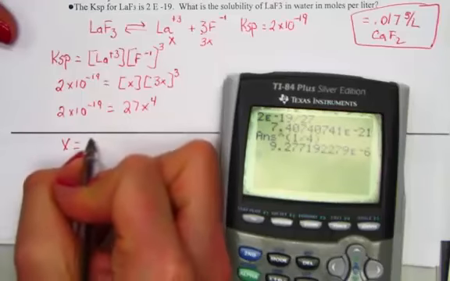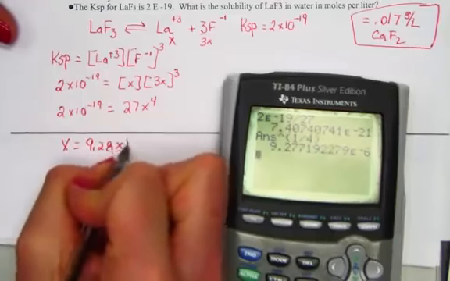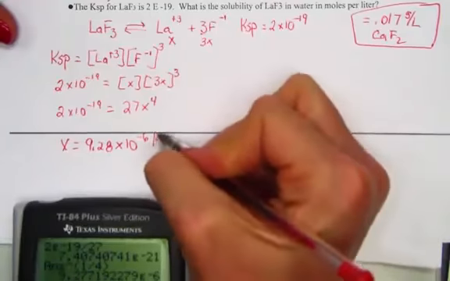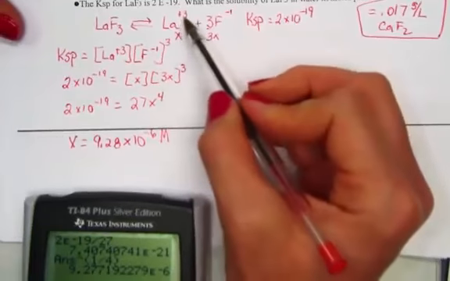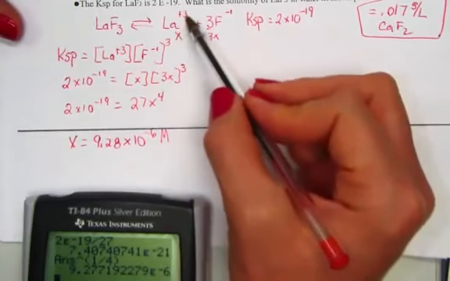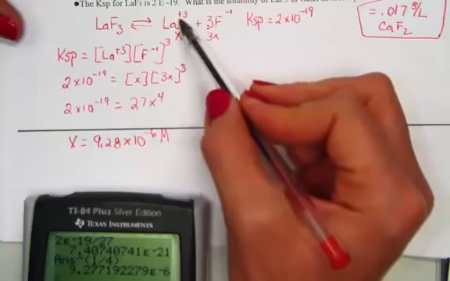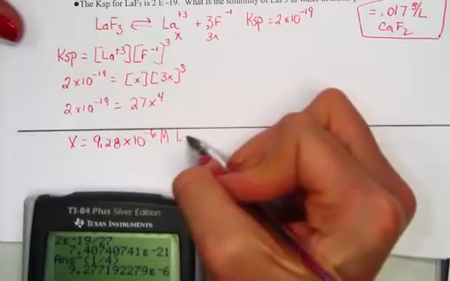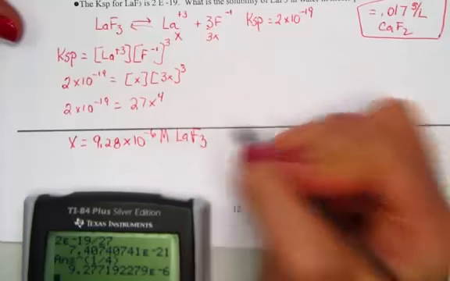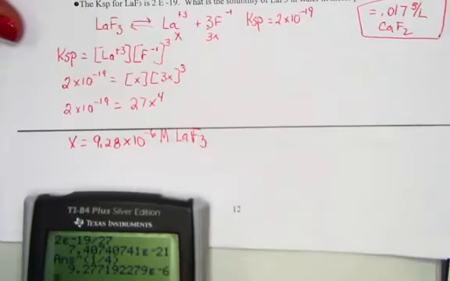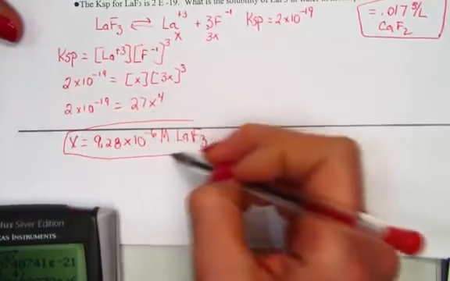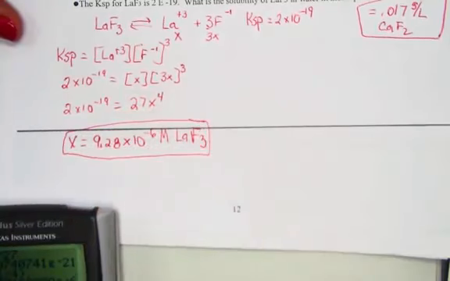And x is now being shown as 9.28 times 10 to the negative 6th molarity, big M. Those brackets are big M. And that's the lanthanum concentration. The x was given to La3+, but notice the stoichiometry is still 1 to 1. So this is also representing LaF3, the concentration of that original salt. It wanted it in moles per liter, and that's what molarity is, so there's the value that we needed.